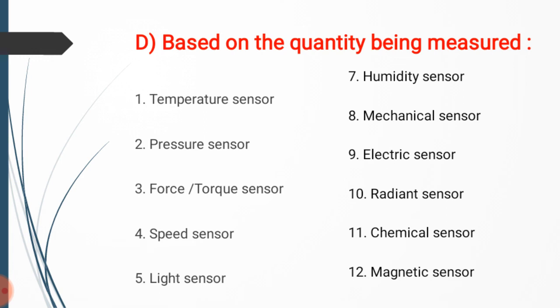So these are all the different types of sensors based on the quantity being measured. That means sensors are used for measurement of different quantities.